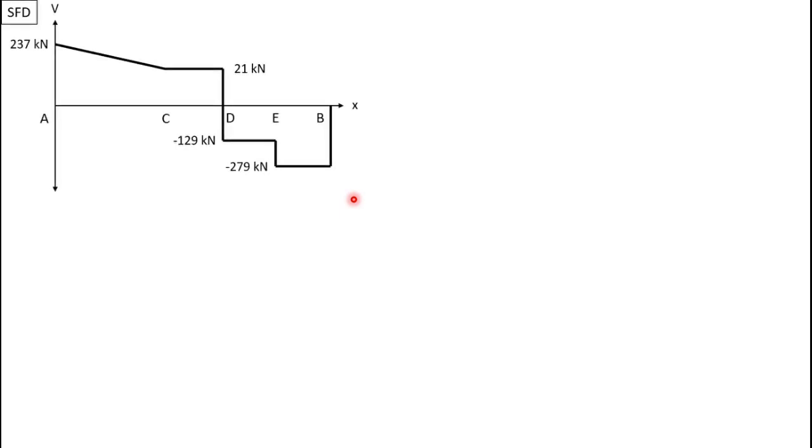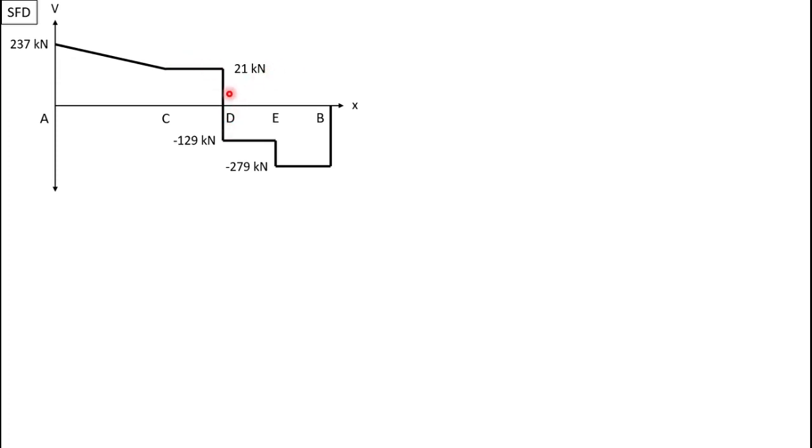And now, since we already obtained all the shear force and the bending moment of the beam, we could draw the SFD and the BMD. For the SFD, at A, we have RA, which is equal to 237 kilonewton, and from A to C, we have a transverse section which decreases this load to 21 kilonewton.